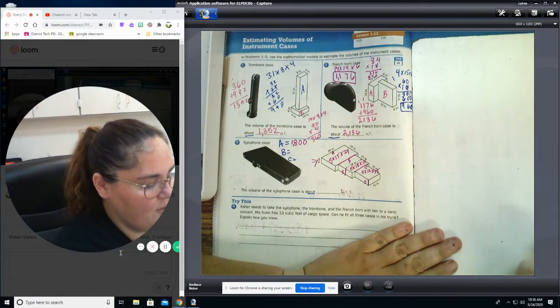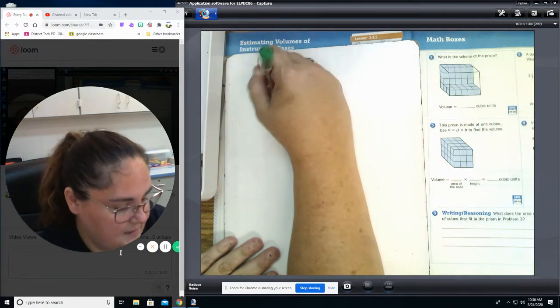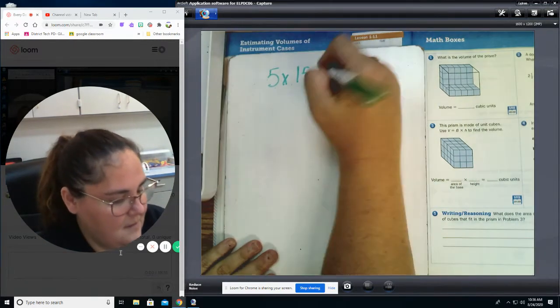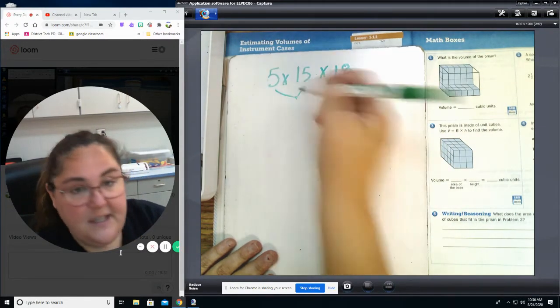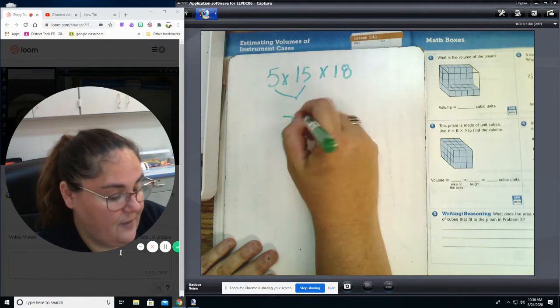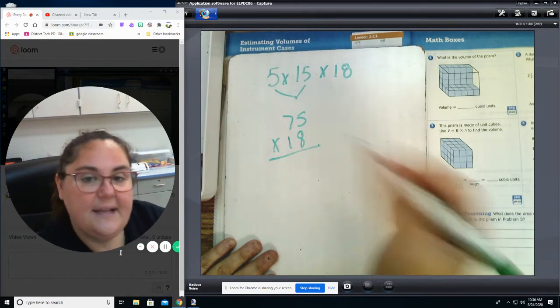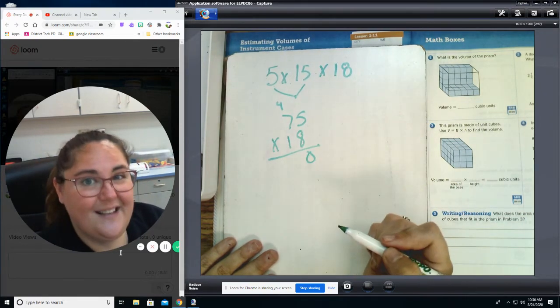Okay, here we go. 5 times 18 times 15. That would be 1,000. We already did 5 times 15 in the last problem. We know that that's 75. And we're going to multiply by 18. 8 times 5 is 40. Carry my 4. 8 times 7 is 56.